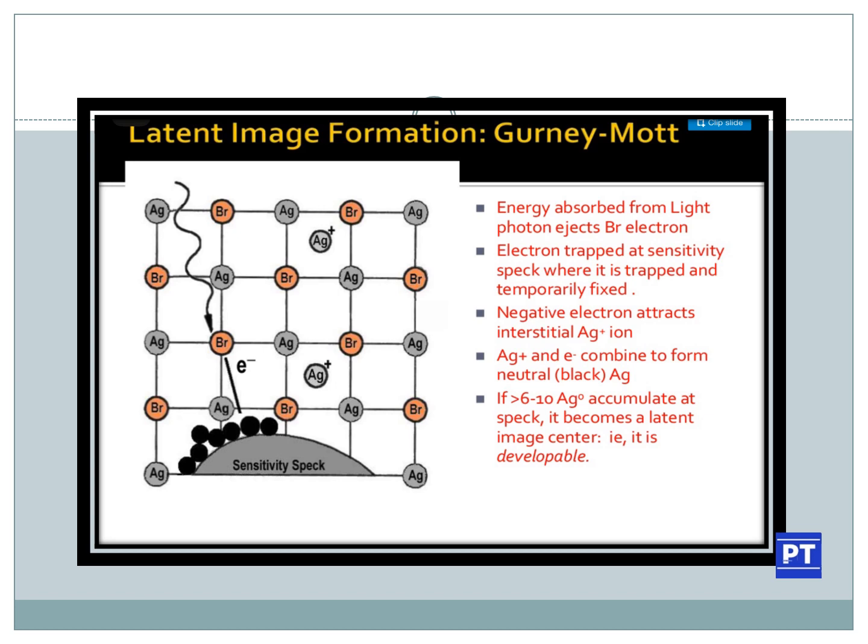So at the sensitivity speck, metallic silver will be formed. Silver, the chemical formula is Ag. If greater than 6 to 10 Ag accumulates at the speck, it becomes a latent image, that is, it is developable.